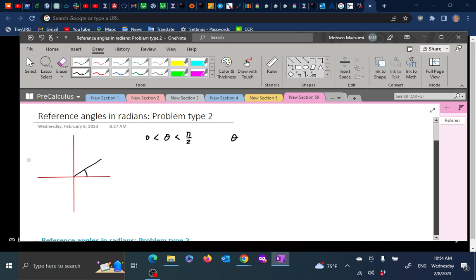If theta is between pi over 2 and pi, in short, if it's in quadrant 2, what is left? Pi minus theta is what is left. So this is the reference angle.